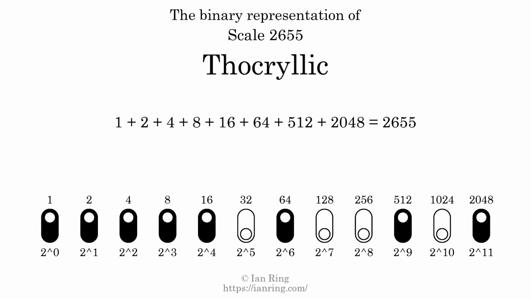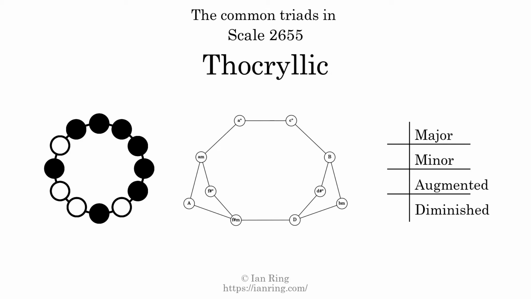That is why the scale number, in decimal, is 2655. The scale number not only enumerates the scale with a unique index, but it also literally describes the tonal content of the scale. Represented as a binary number in base 2, the scale number is 101001011111.